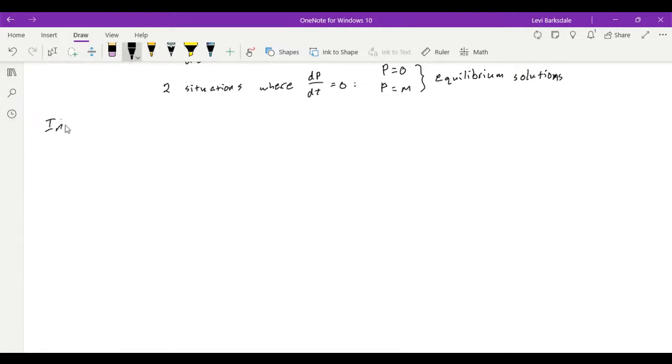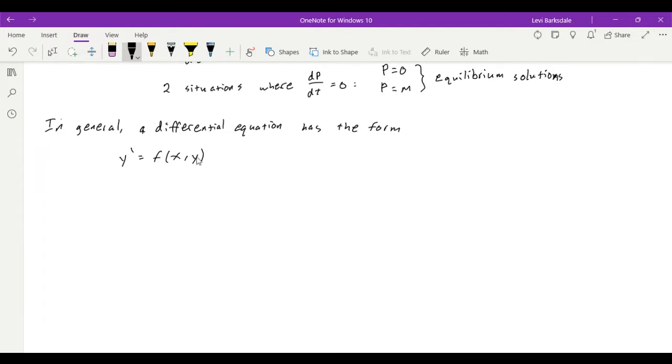Just say, in general, a differential equation has the form y prime is equal to a function of x and y.